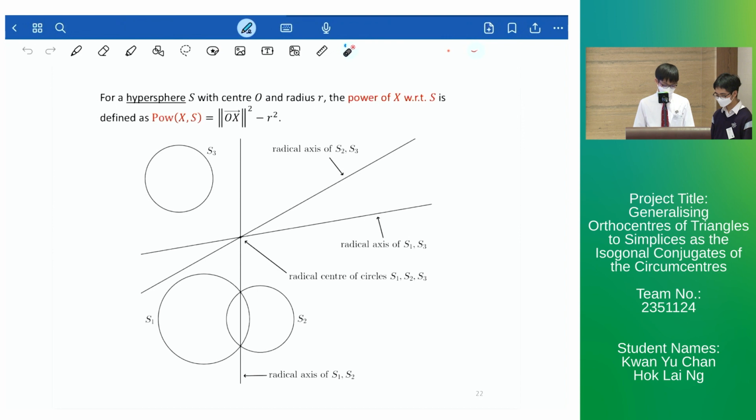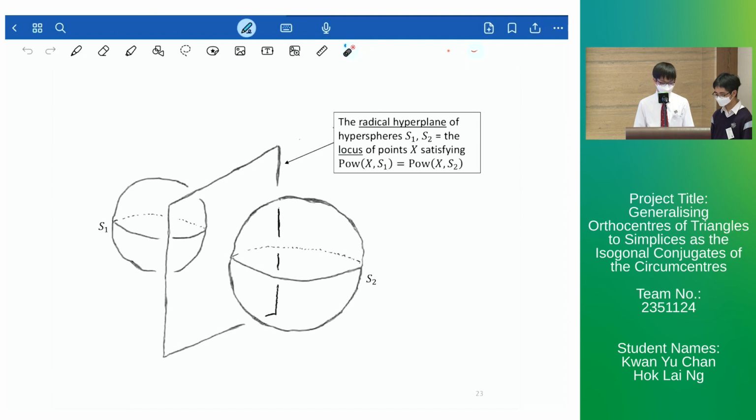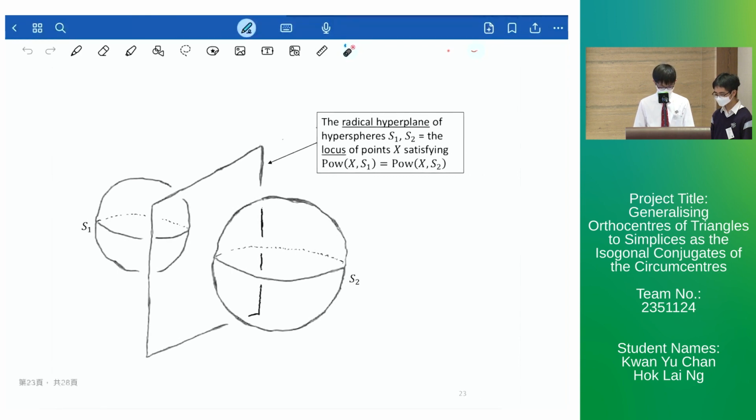In 2D, the radical axis of two circles is defined as the locus of points having equal powers to the two circles, and the radical center of three circles is the unique point having equal powers to the three circles as shown. In general dimension, we can define the radical hyperplane of two hyperspheres, which is the locus of points having equal powers to the two hyperspheres, and we can define the radical center of a set of hyperspheres similarly.